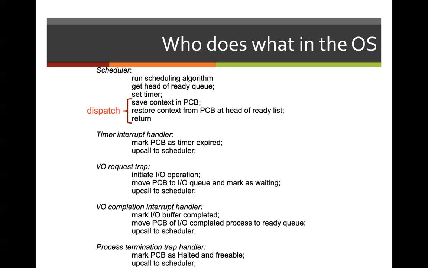It will do an up call to the scheduler as well. And so with these regards, it's important to keep in mind that our dispatcher is utilized in order to dispatch the head of the ready queue to our processor when the appropriate time quantum is available.